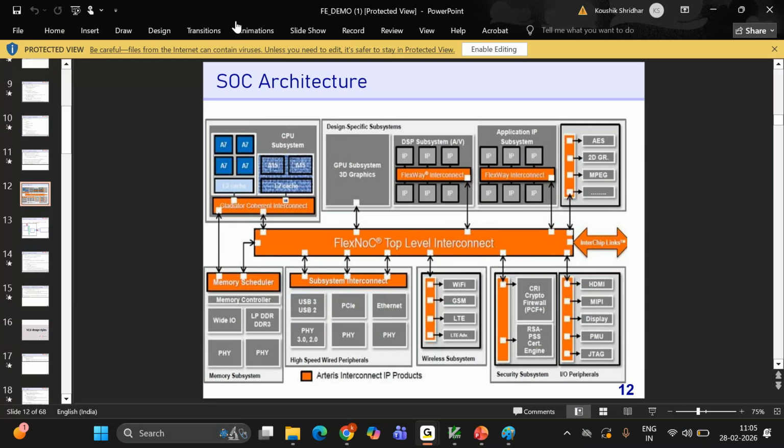If you are doing subsystem level verification, you need Verilog, digital, SystemVerilog, UVM. Additionally, you need knowledge of the DDR controller, different types of memories such as DRAM, SDRAM, volatile and non-volatile memory, and the wide IO controller.